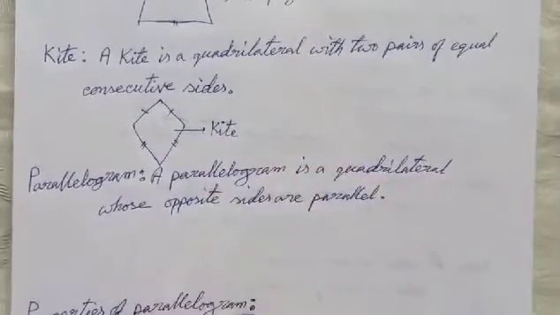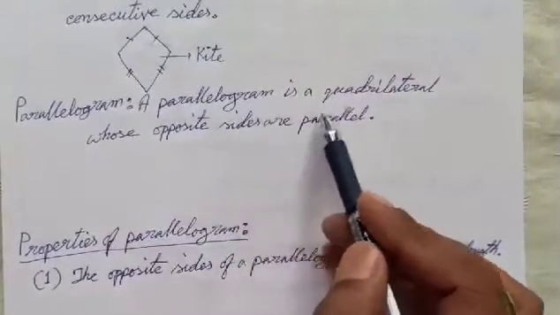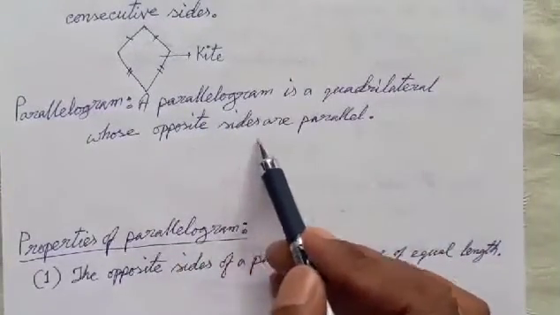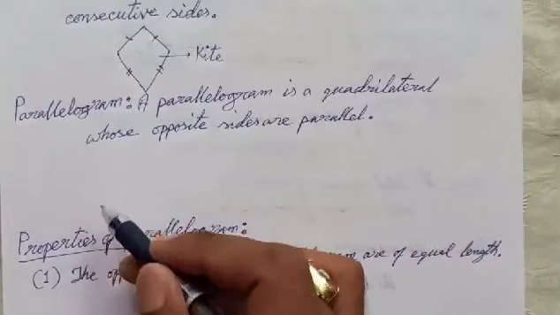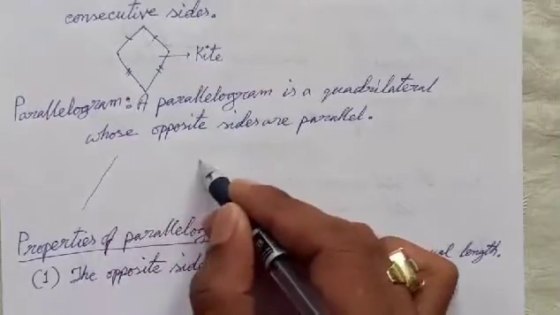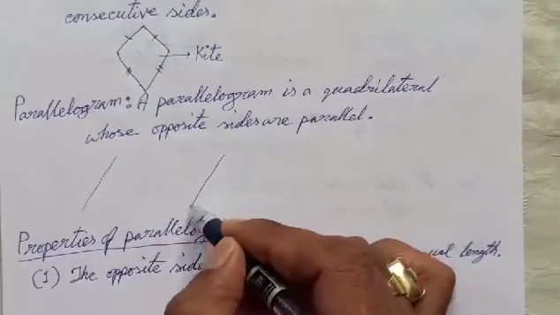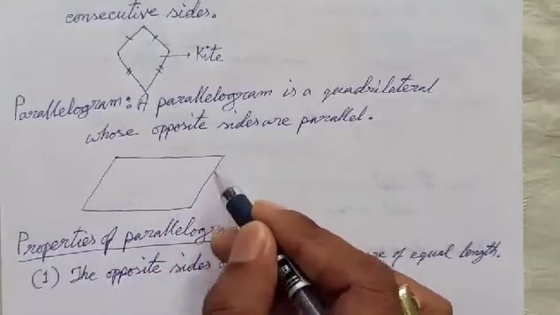Next is parallelogram. A parallelogram is a quadrilateral whose opposite sides are parallel. The name parallelogram comes from parallels. Here, these 2 sides are parallel, and this side is also parallel.